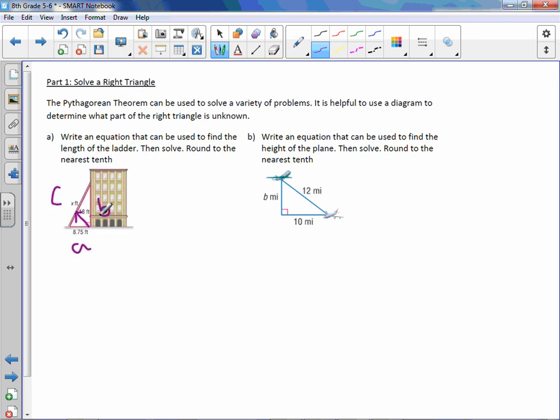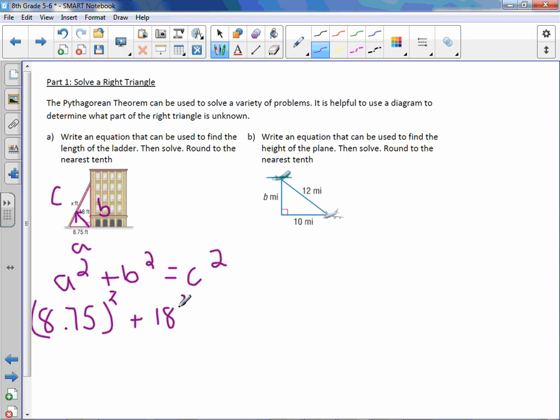Use the Pythagorean theorem. So 8.75 squared is, and write the whole thing out for now.